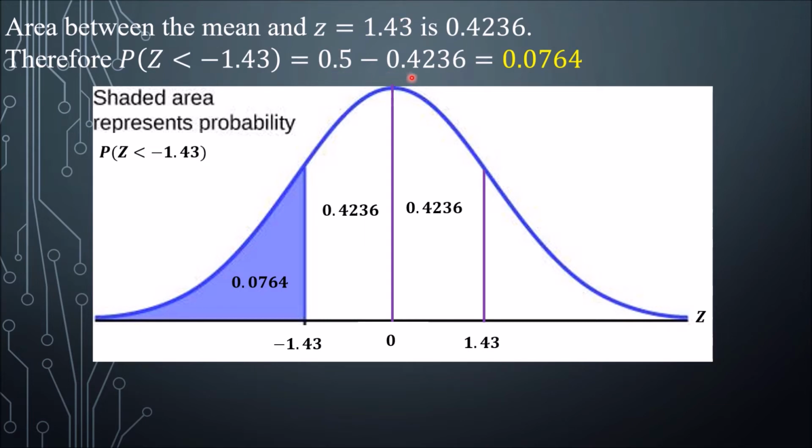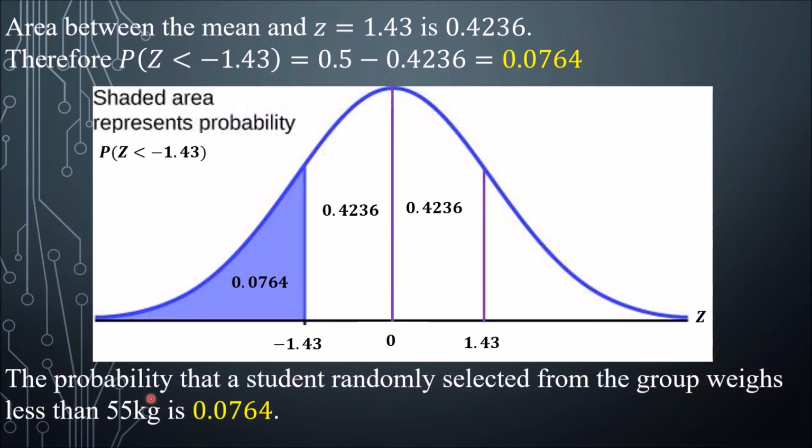So 0.5 minus 0.4236 is equal to 0.0764, and that's the area of the shaded part. Therefore, the probability that a student randomly selected from the group weighs less than 55 kilograms is 0.0764 or 7.64%.